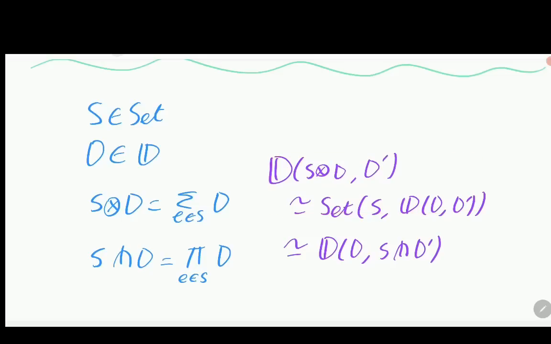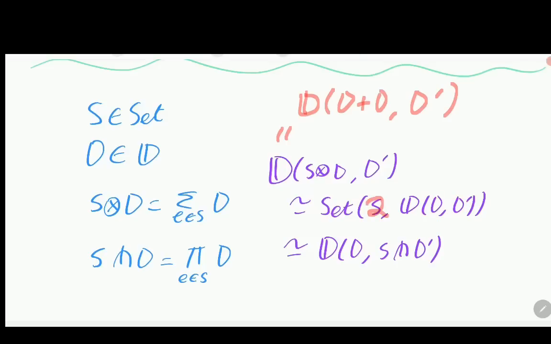Because, for example, when S is 2, what we're going to have here is D plus D, the arrows from D plus D to D dash. But they're just going to correspond to pairs of arrows from D to D dash.